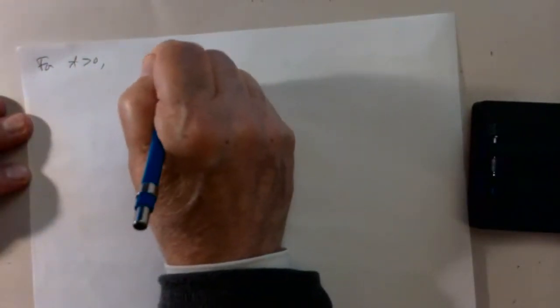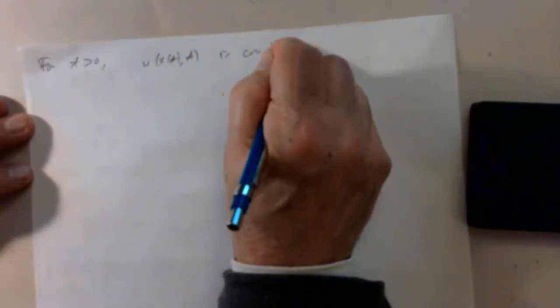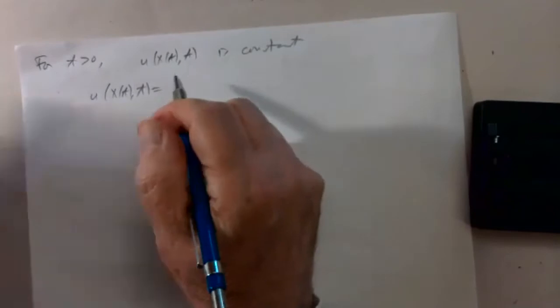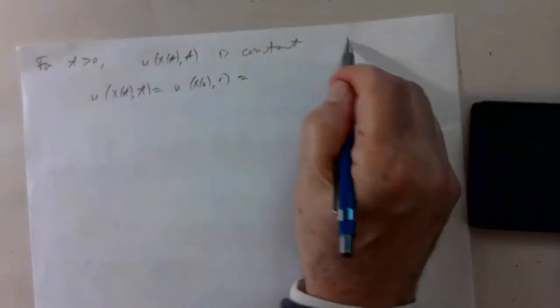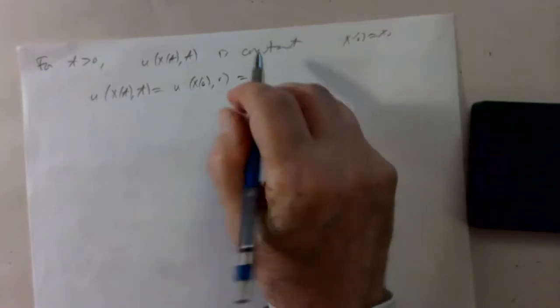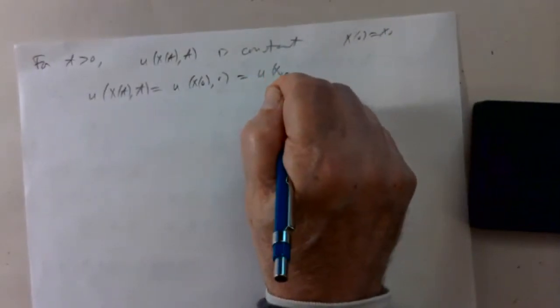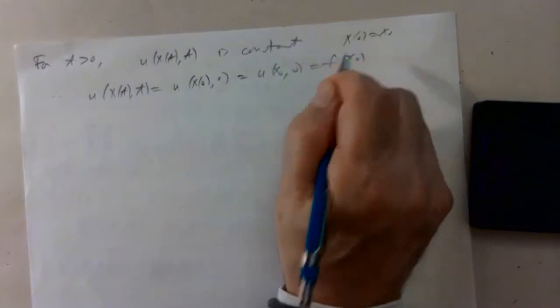So let me just summarize this. For t greater than 0, u of x of t comma t is constant. So therefore, if it's constant with respect to t, it's u of x of 0 comma 0. x of 0 is just this initial condition, x naught. This is u of x naught comma 0, which is f of x naught.